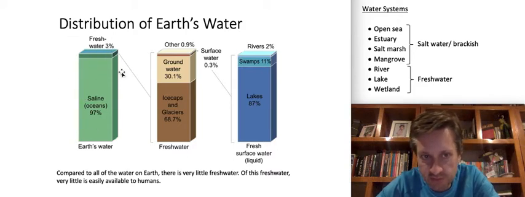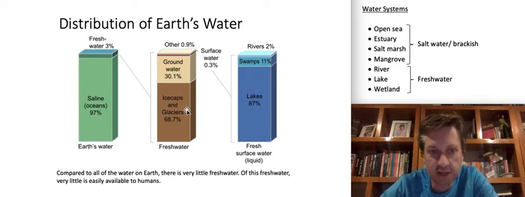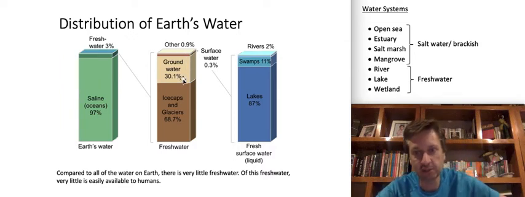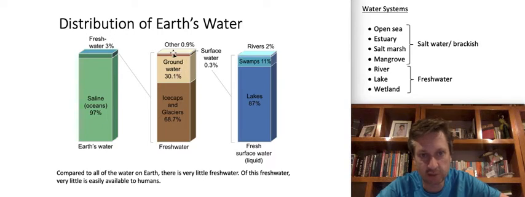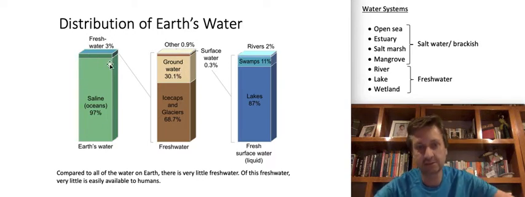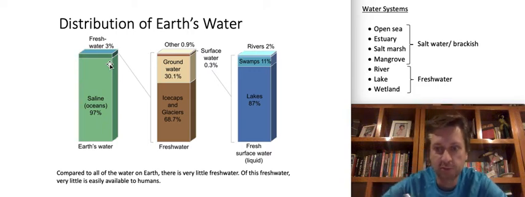Of that 3% of fresh water, most of it is locked up in ice caps and glaciers, around 68% or 69%. Around 30% in groundwater, which means that the fresh water that's readily available to human societies makes up only around 1% of the 3% fresh water that's actually available on the planet.